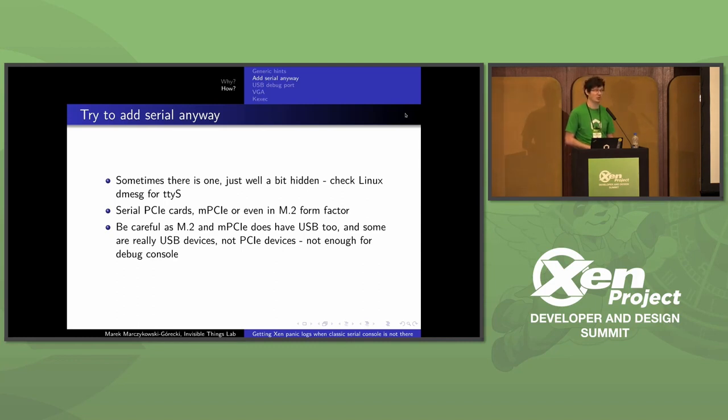And if the serial port is not a serial controller, but a USB hub with USB to serial converters, those will not work for getting serial console. So this needs some more research on what device specifically to buy. I have several of those that are really USB to serial, but some are real serial controllers.